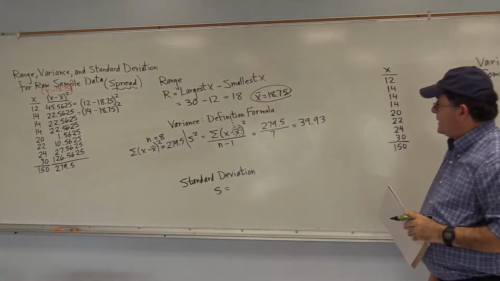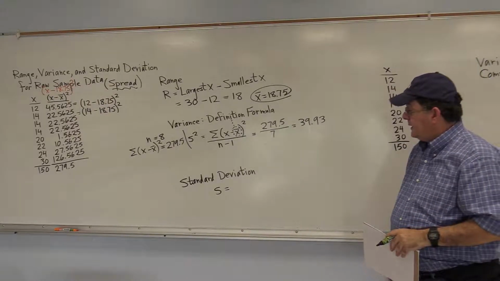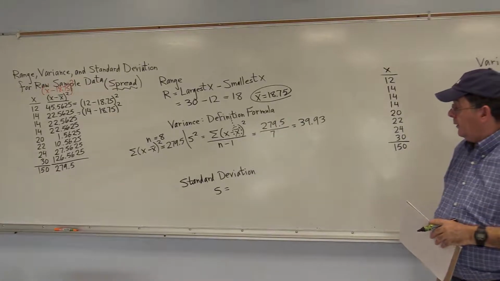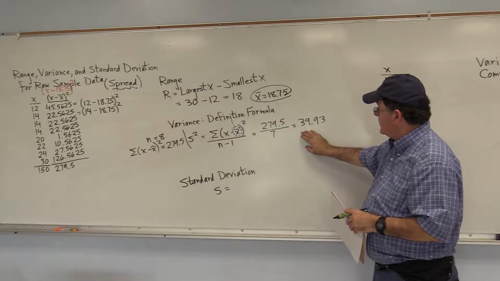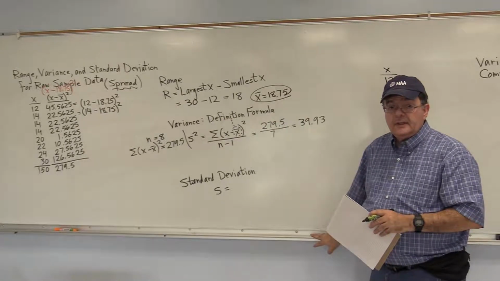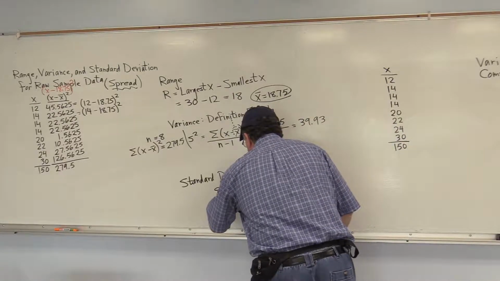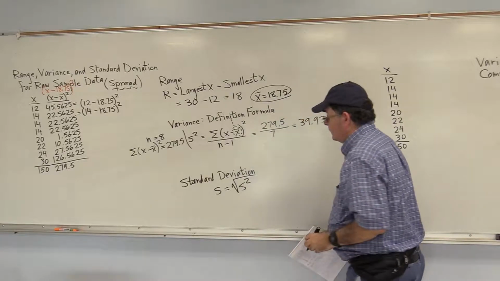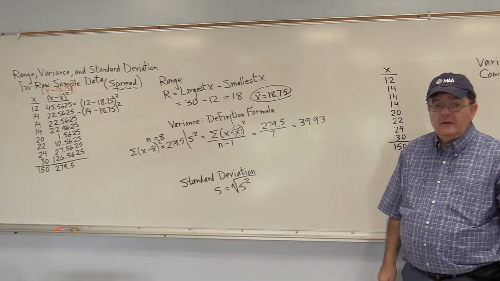Now, for us, the variance is the first big leap on the way to the standard deviation, which is more important. After this giant leap to the variance, it's a very small step to the standard deviation, because the standard deviation is always defined to be the square root of the variance. And that's true no matter what type of data we're working with.